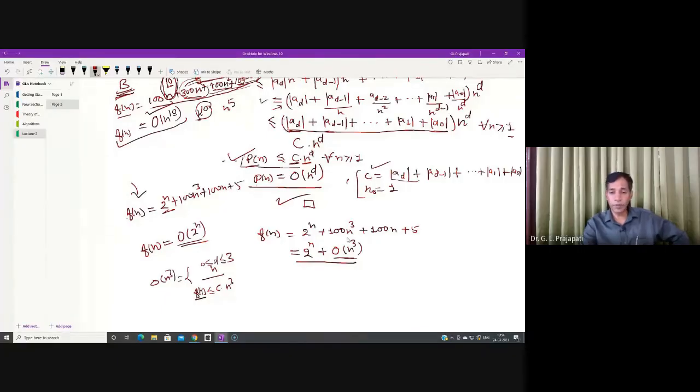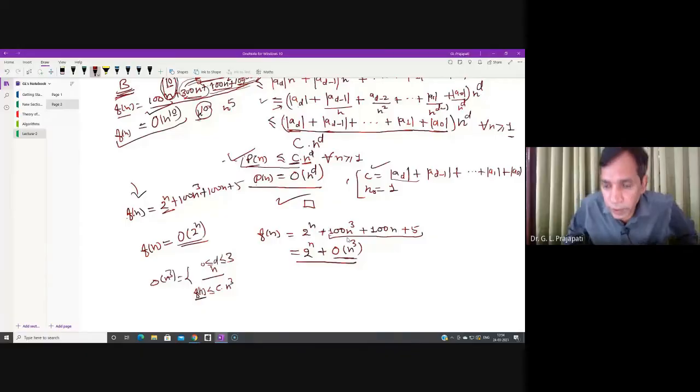So once you are writing big O of n cube, here actually a specific function is this. This is the specific, particular function. But if you don't want to name this specific function, you just say big O of n is power 3, which means you are referring to some anonymous function.